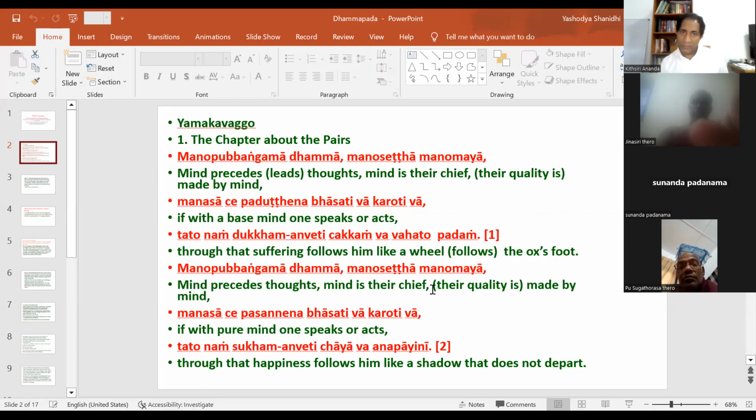If one acts, if one speaks with an evil mind, bad mind, impure mind, bhasati va karoti va. Tato naṃ dukkham anveti. Through that process, suffering follows. The negative impacts follow. The evil consequences follow, like a wheel follows the ox's foot.